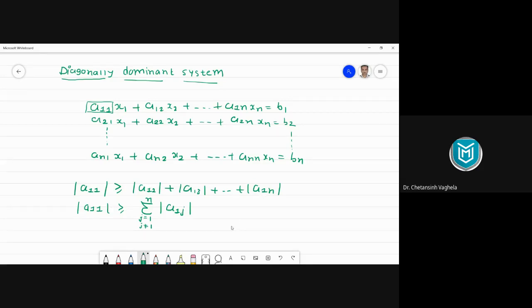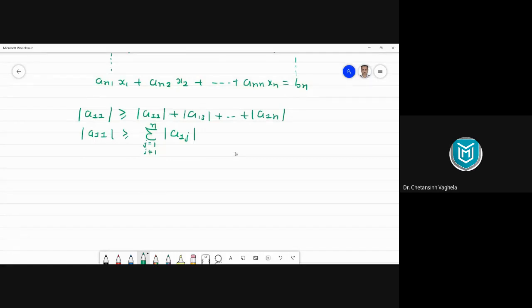Similarly, if I want to write it for the second equation, in the second equation your diagonal entry is a22. Now what are the other coefficients except the diagonal? Other coefficients are a21, a23, a24 up to a2n. Now again, in general it should be summation j equal to 1 to n.